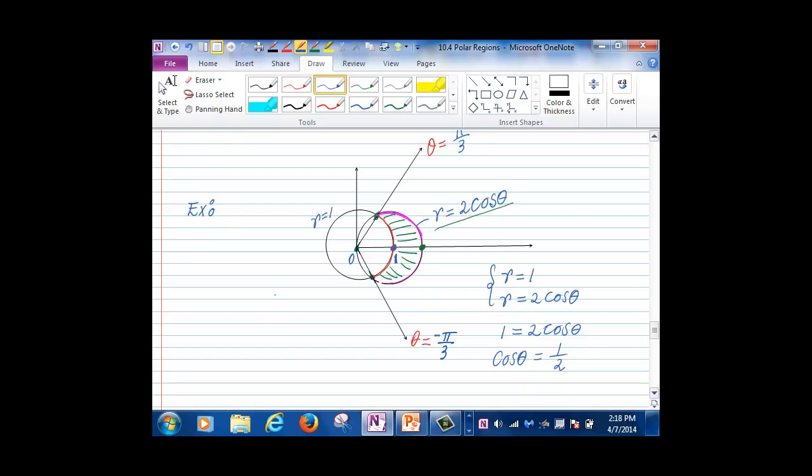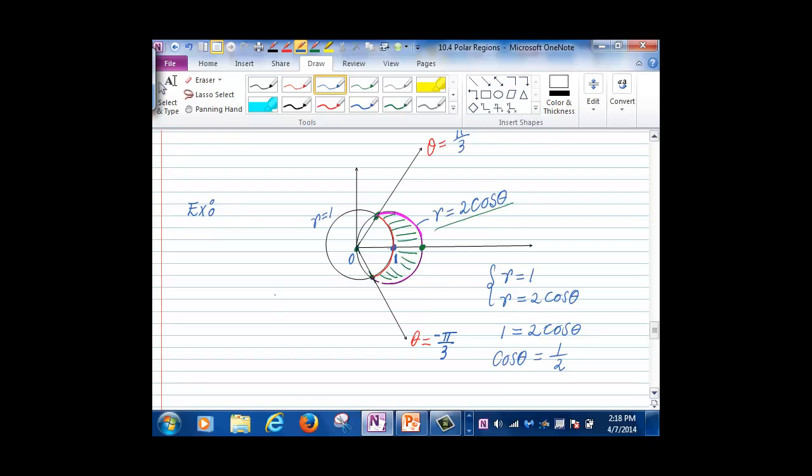Well, if you look at it, when theta is negative pi over 3, what's the value of r? It's 1, right? And when theta is 0, it's 2, right? So it makes sense that r is increasing.